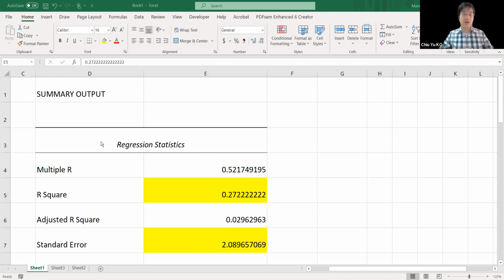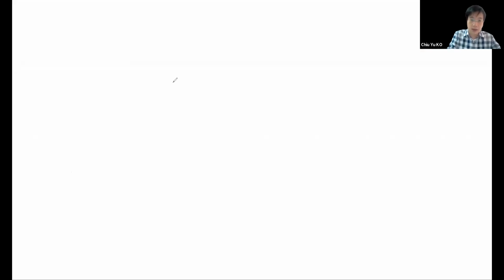Someone asked me what's the difference between a confidence interval and a prediction interval. The answer is, as we said here, the confidence interval is for estimating this.